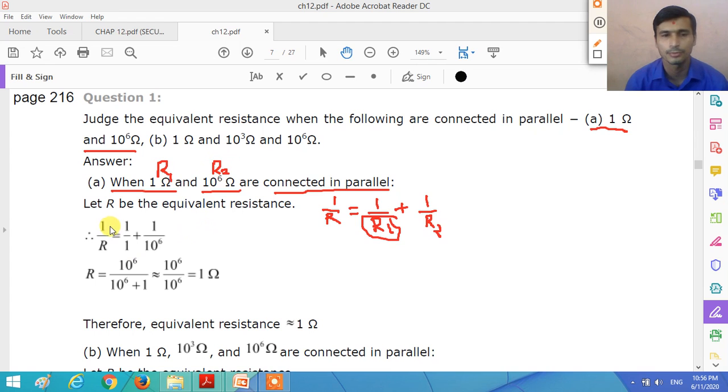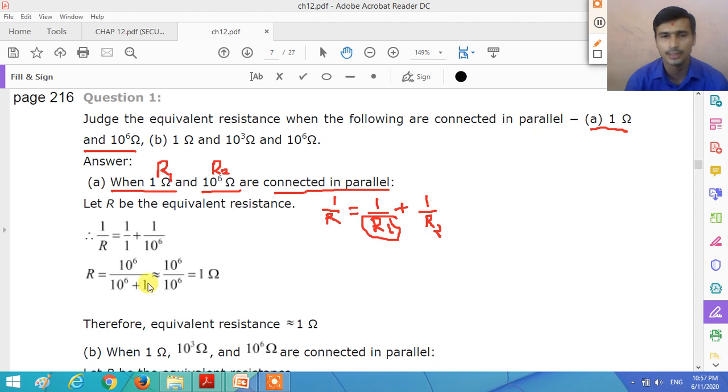So we put in the formula: 1 divided by R is equal to 1 by 1 plus 1 divided by 10 raised to 6. Taking the LCM, we get 10 raised to 6 plus 1 divided by 10 raised to 6. So the equivalent resistance R is equal to 10 raised to 6 divided by 10 raised to 6 plus 1.